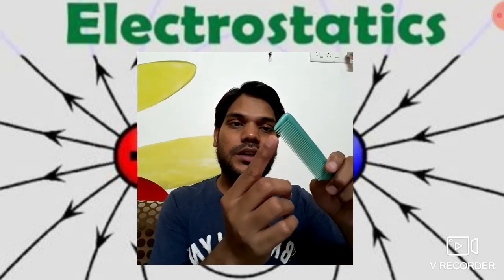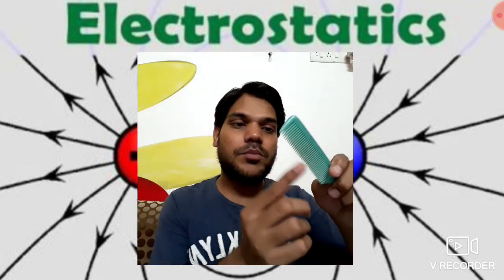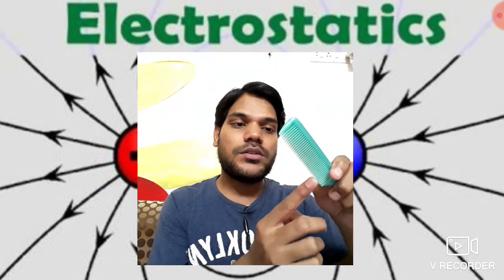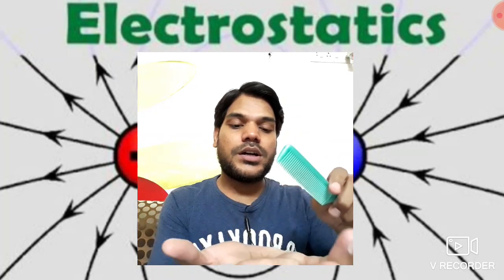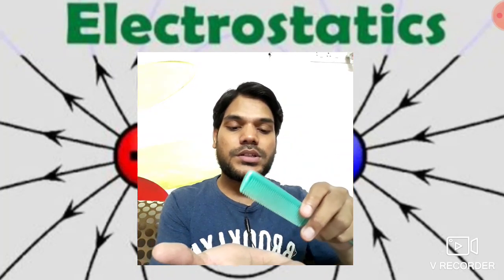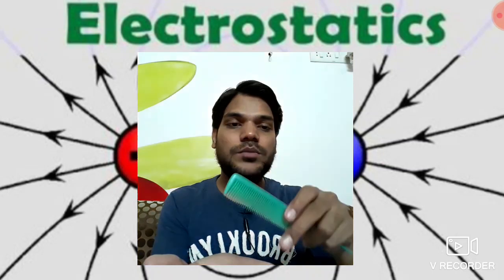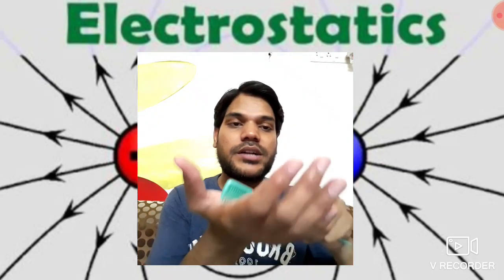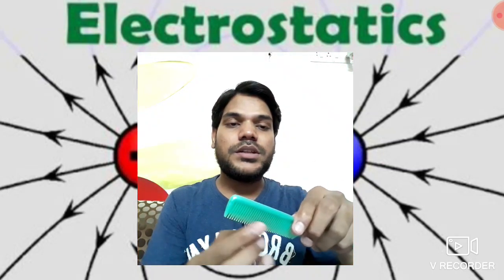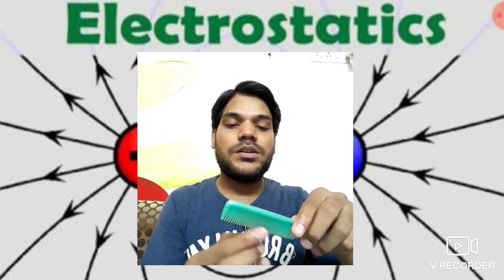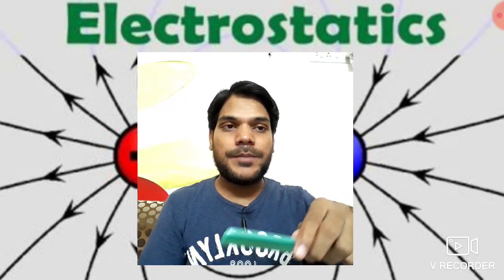Why does this happen? When we comb our dry hair, the tip of the comb acquires a negative charge, and this negative charge induces positive charge towards the near end of the papers and then it attracts them. So this is a very common example which we see very often in winter season.